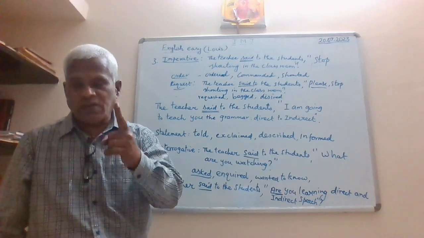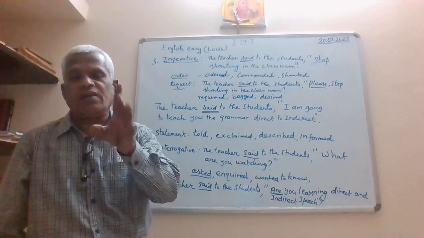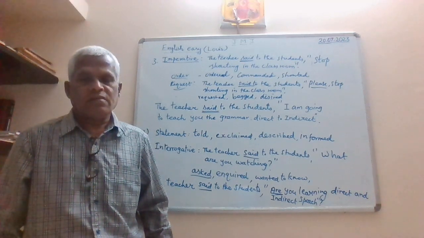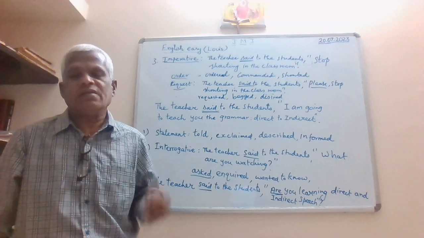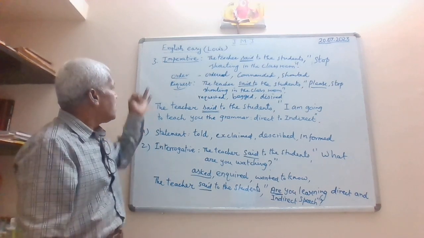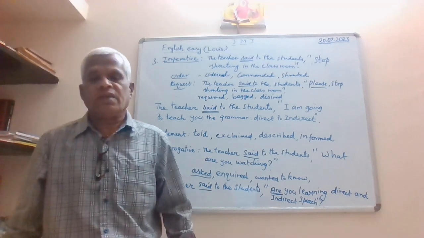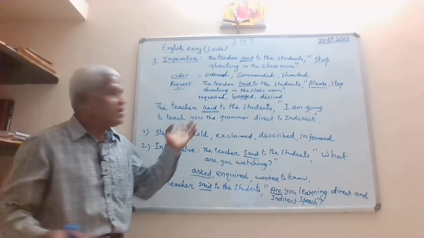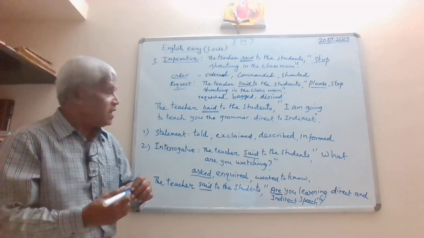We have discussed only one general rule, and that too only for three types of sentences: for statement, for interrogative, and for imperative. And for exclamatory, I think it is better that I write it here.